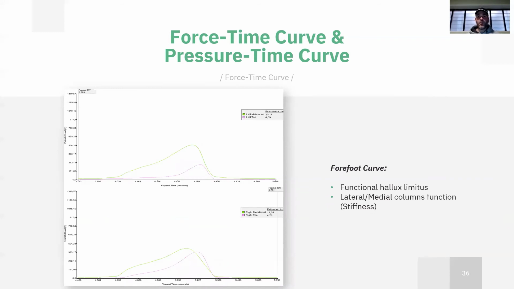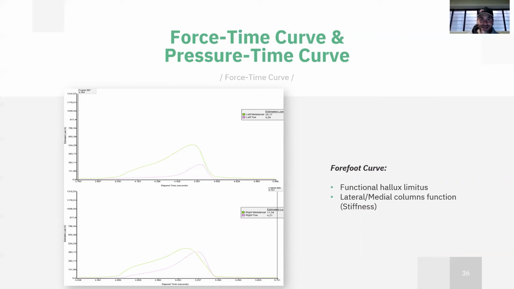This is an example of a forefoot curve. The first image represents the left metatarsal and left toe, and the second picture represents the right metatarsal and the right toe of two subsequent stances.